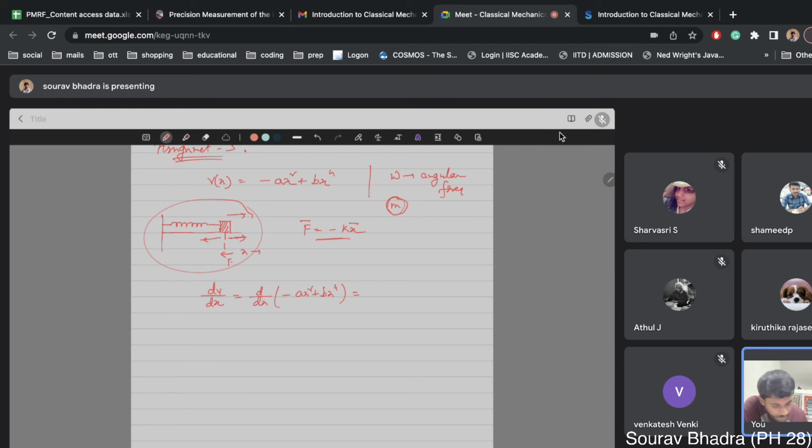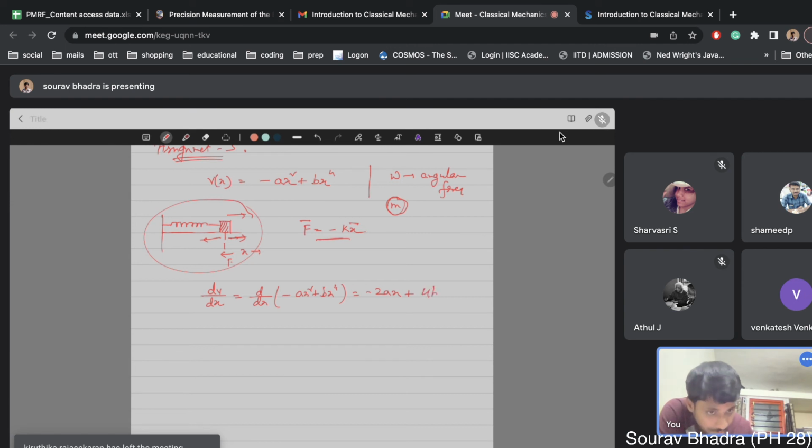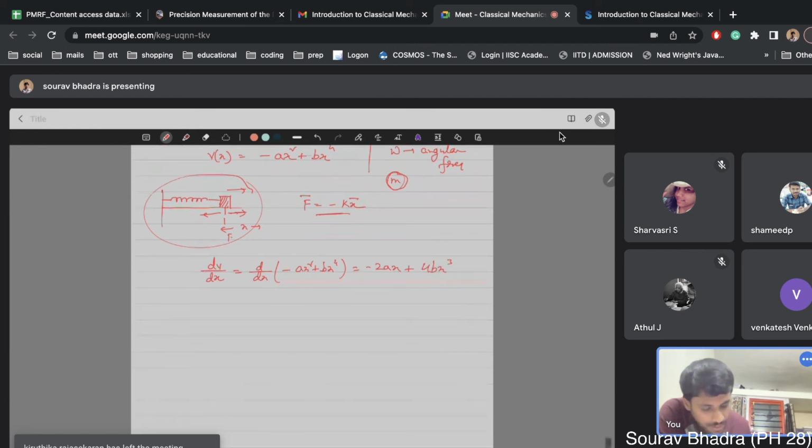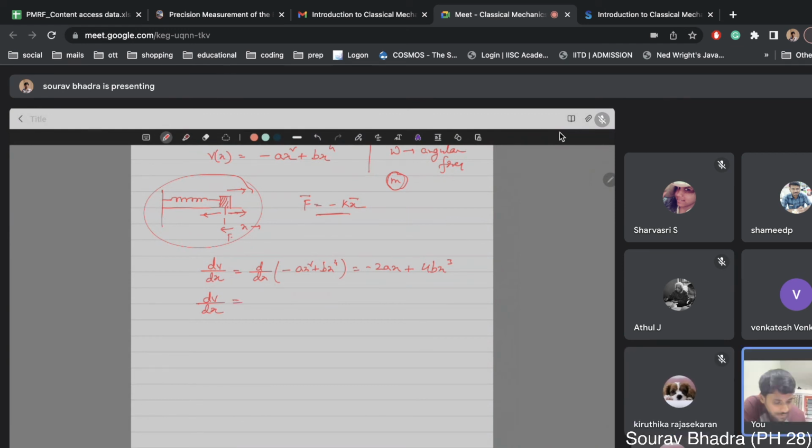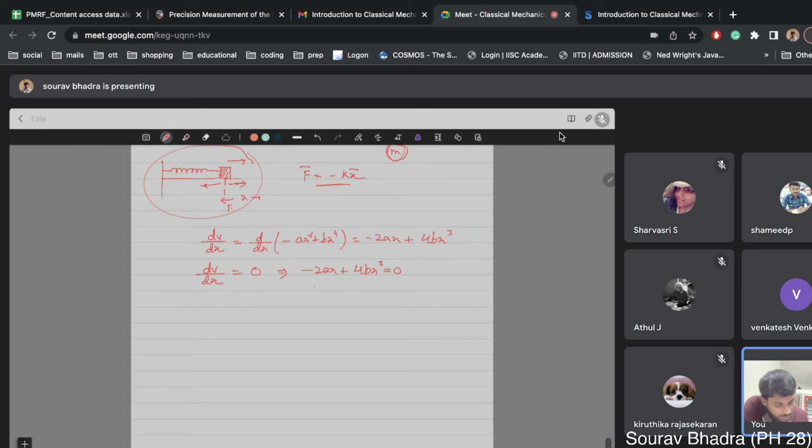that will give you -2ax + 4bx³. Okay, and first we will calculate the stable point, ∂V/∂x equals 0. So if you do that, -2ax + 4bx³ equals 0, this will give you two solutions for x².